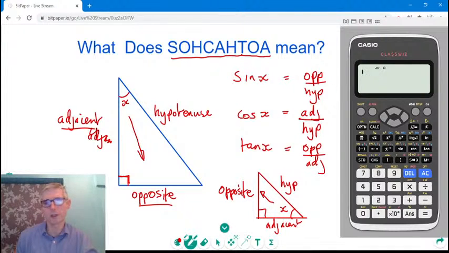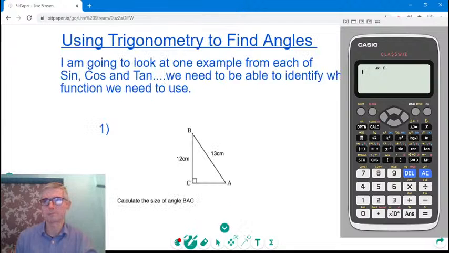What we're going to do is look at how we can use these. First of all, we're going to look at one example from each of sine, cosine and tangent. When we're looking at a question, we need to be able to identify which function we need to use. So if we're looking for the size of angle BAC, what does BAC mean?